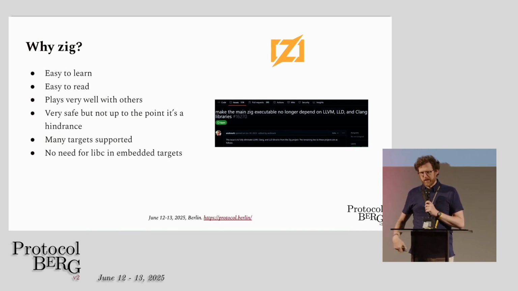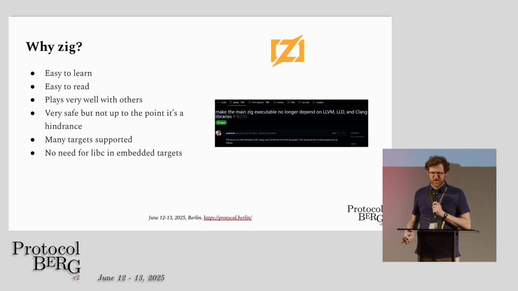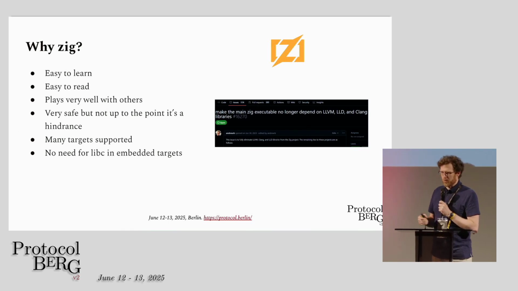For example, this is the screenshot I shared. They decided also to get rid of LLVM in the long run, but currently you have both, a custom backend and LLVM. According to that specific issue, they say LLVM is buggy on a lot of targets.